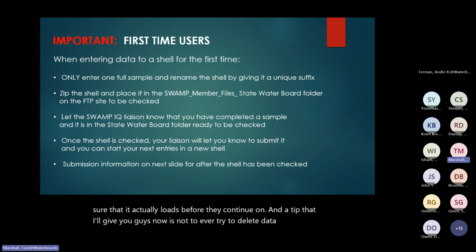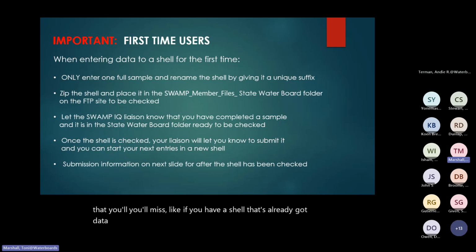And a tip that I'll give you guys now is not to ever try to delete data from a shell and enter something new. There's inevitably something that you'll miss. Like if you have a shell that's already got data entered in it and it's been loaded, just put that shell in a file somewhere or in a folder and pull a new one off of the FTP site to add new data.